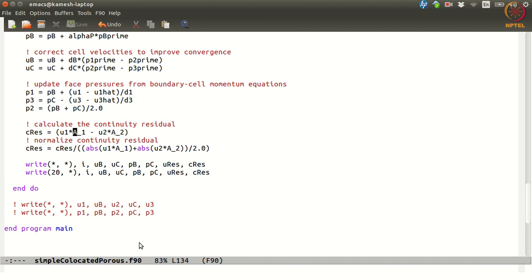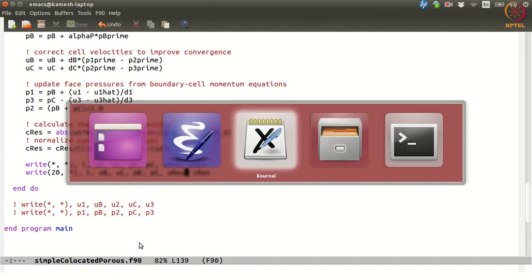Fine. We can also do the continuity residual as absolute of U1A1 minus U2 star A2 plus absolute of U2 star A2 minus U3 star A3, right? That would be the total value for both the cells, and of course it can be also divided. Okay, so this is the complete program.